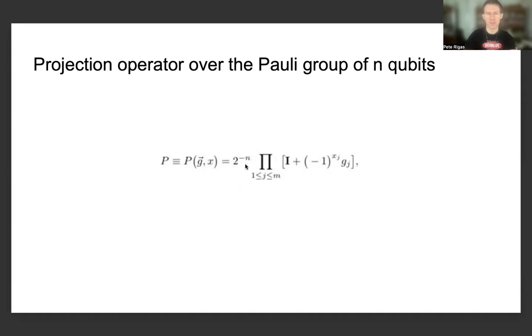And it's given by being expressed in terms of 2 to the minus n, which is 2 to the minus number of qubits, which appears quite often, as well as a product over j between 1 and m of the identity operator plus minus 1 times x to the j, g to the j.